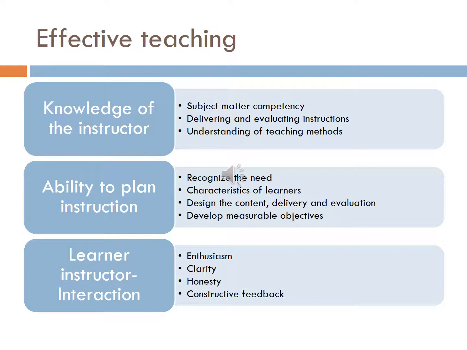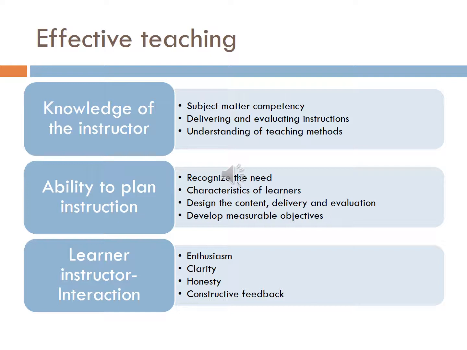If we talk about the ability to plan instruction, the instructor should have the ability to plan the instruction by recognizing the needs and the characteristics of learners, and design proper content, delivery method and evaluation, and develop measurable objectives.